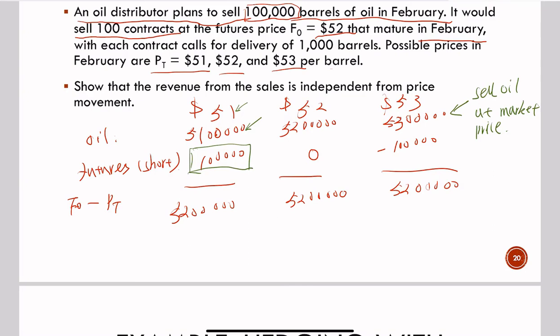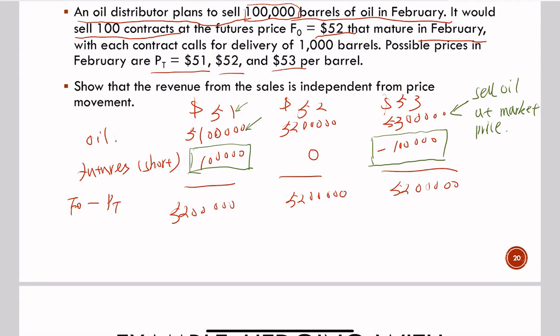And by the same reasoning, in the third case, you have to lose this $100,000 from this marking to market.